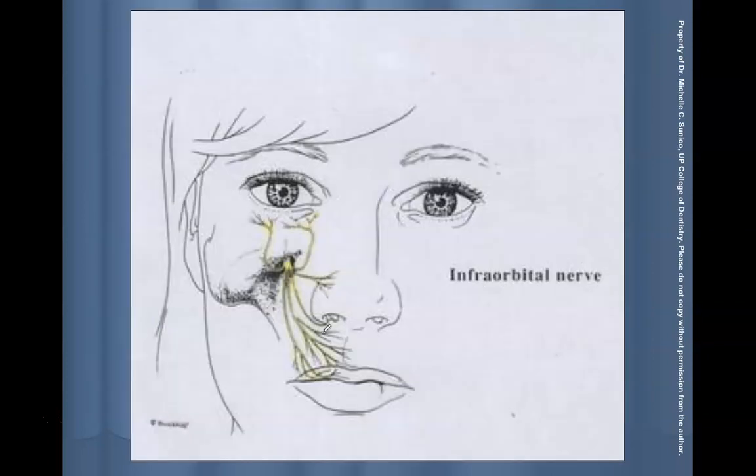This slide shows you the terminal branches of the main trunk of the maxillary nerve. From the infraorbital foramen exit the three terminal branches of the infraorbital nerve, and these are the inferior palpebral, the lateral nasal, and the superior labial.